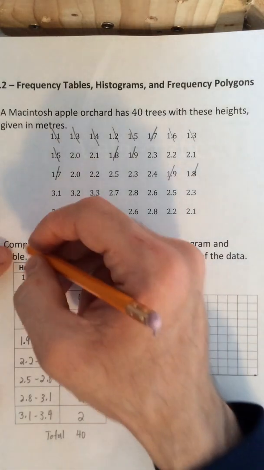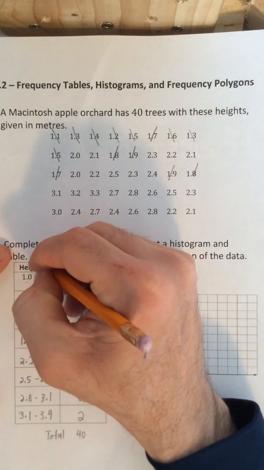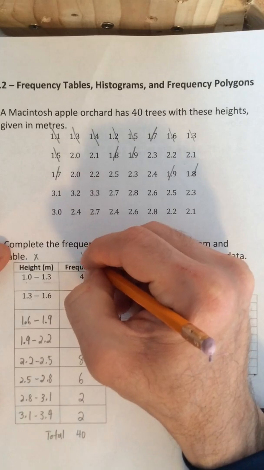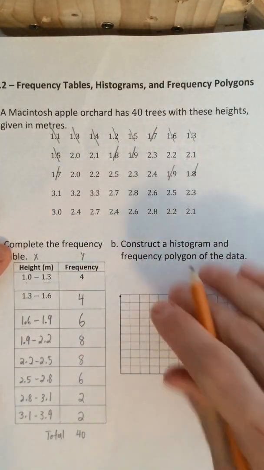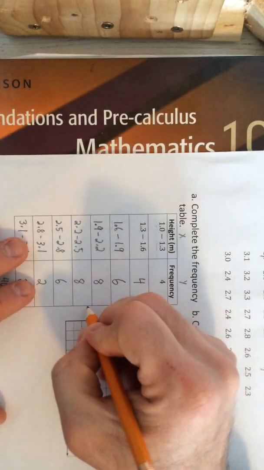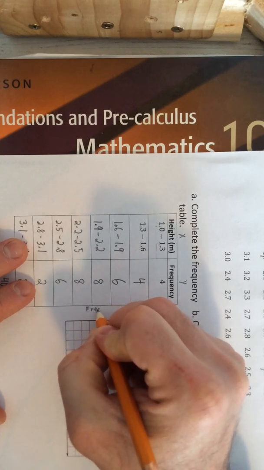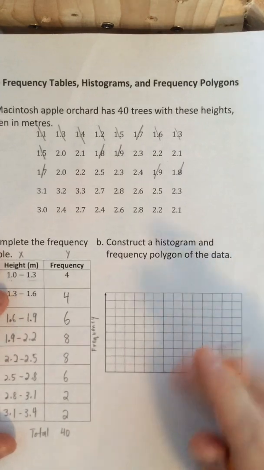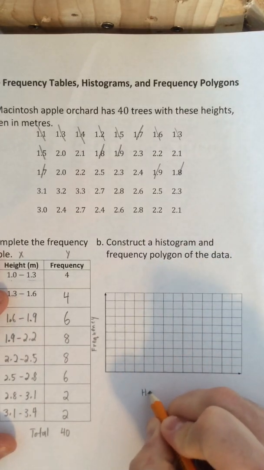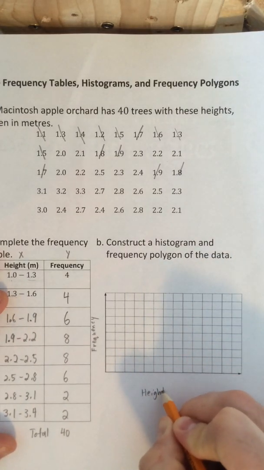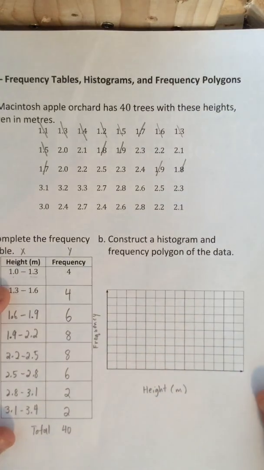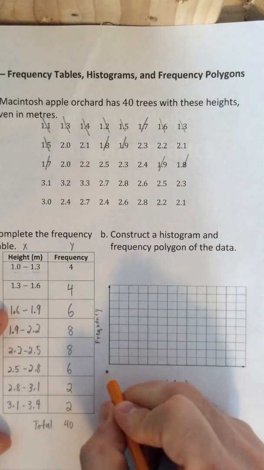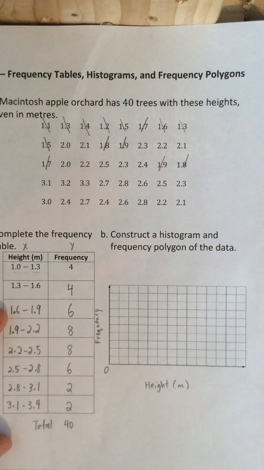Now when we go to graph this, the height is going to be on our x-axis and the frequency will be on our y. So if I turn this for a second, my frequency is going to go here, and I should label this. And this is the height of the trees in meters. Now you should always start at 0.